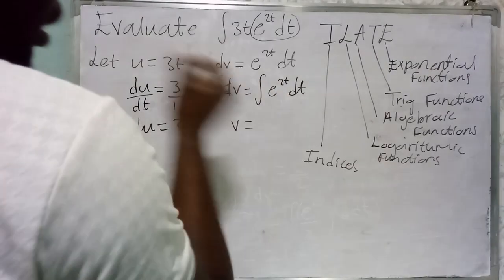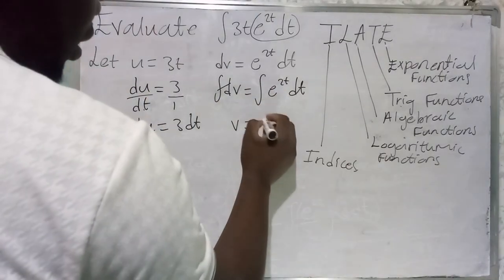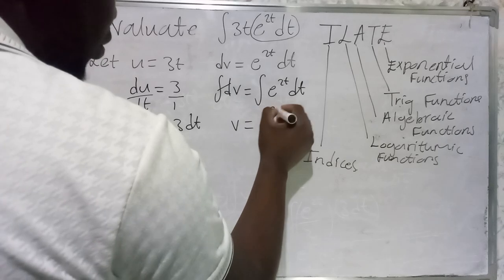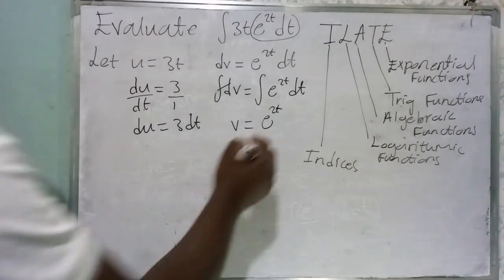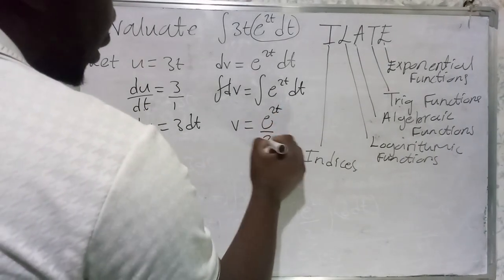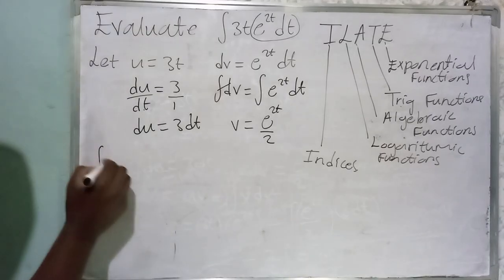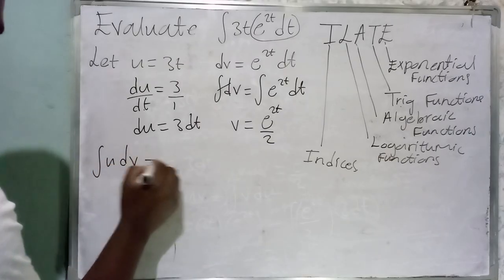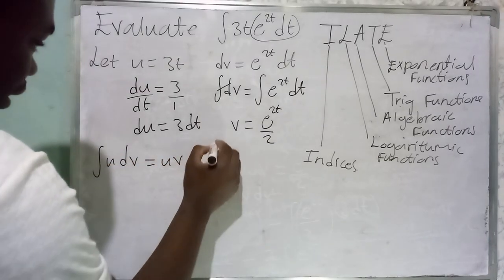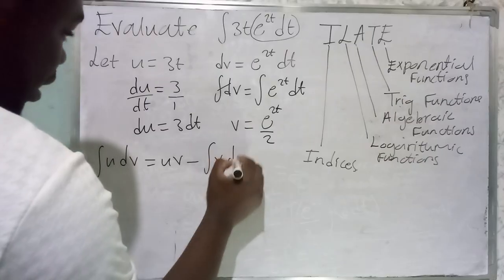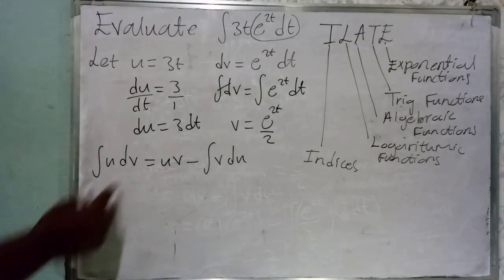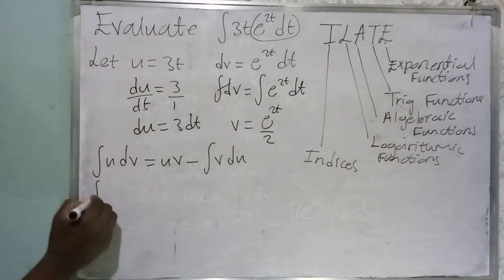When you're integrating exponential functions, we have e to the power 2t, then we divide by the derivative of the power, which is 2. Then we substitute into the formula for integration by parts. The formula is the integral of u dv is equal to uv minus the integral of v du.